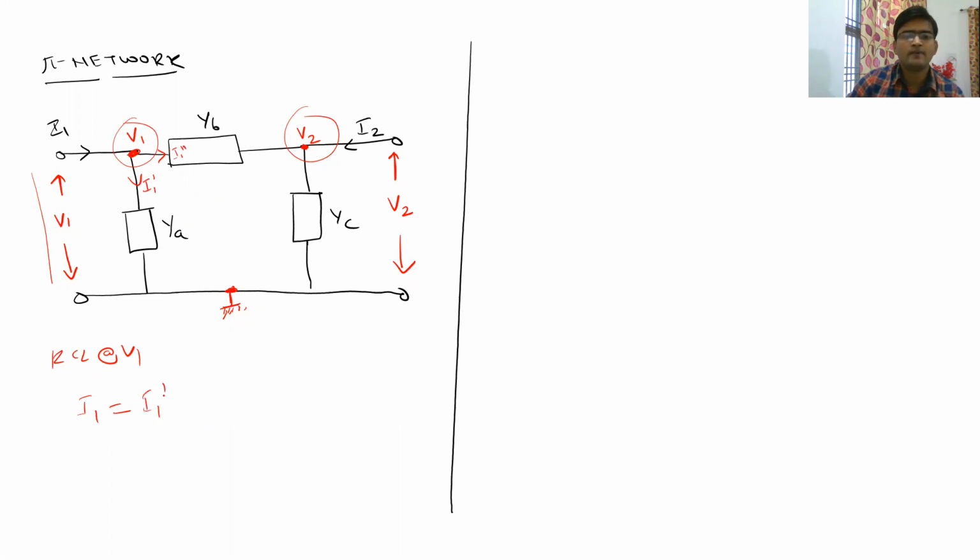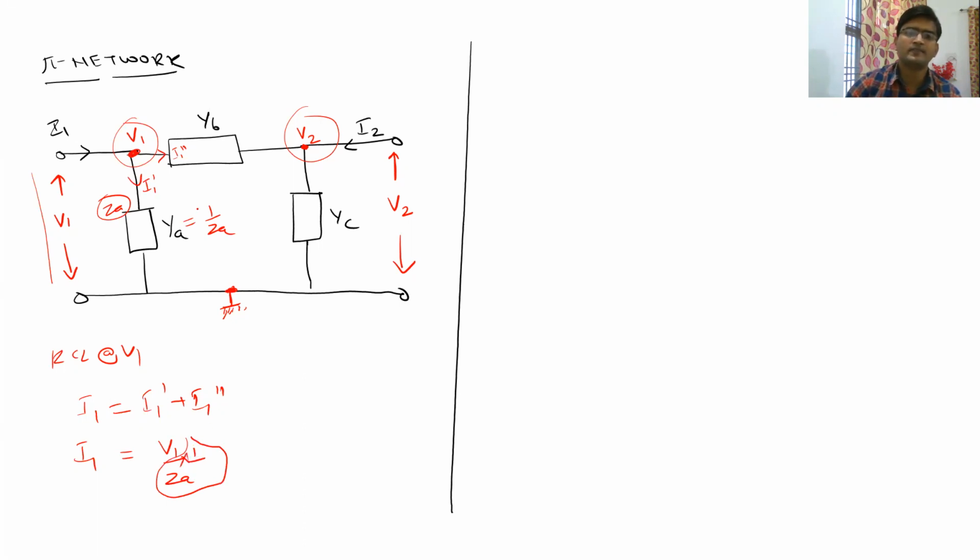So I1 is equal to I1 dash plus I1 double dash. Basically V1 upon, suppose this YA value was 1 upon ZA. So suppose there was an impedance ZA here. In that case, it would have been V1 upon ZA, but you know that you can call it V1 into 1 upon ZA, right?